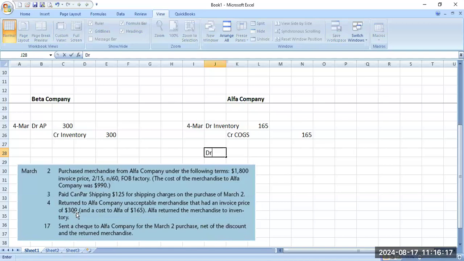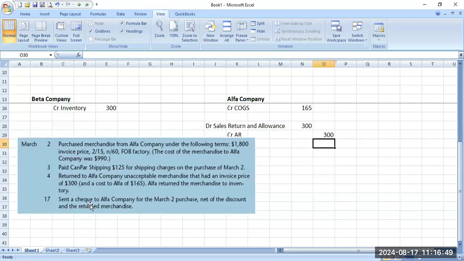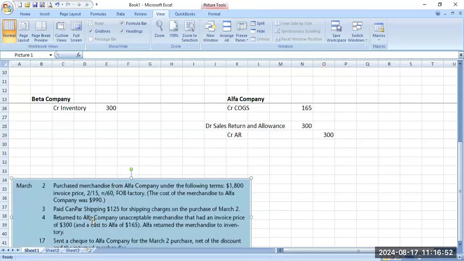We're going to debit the sales returns and allowances account for $300, and we're going to reduce accounts receivable because these guys are not going to pay us $300. Credit accounts receivable with $300. And we're done.